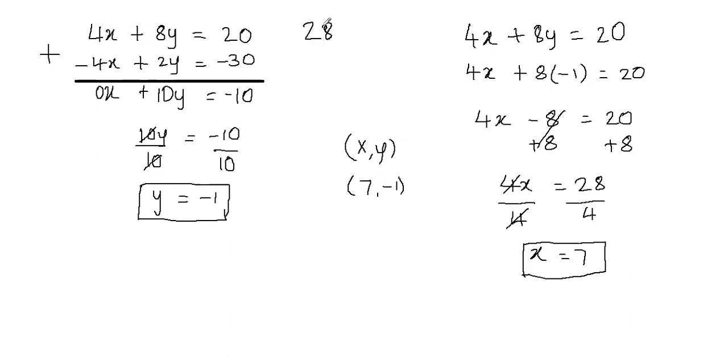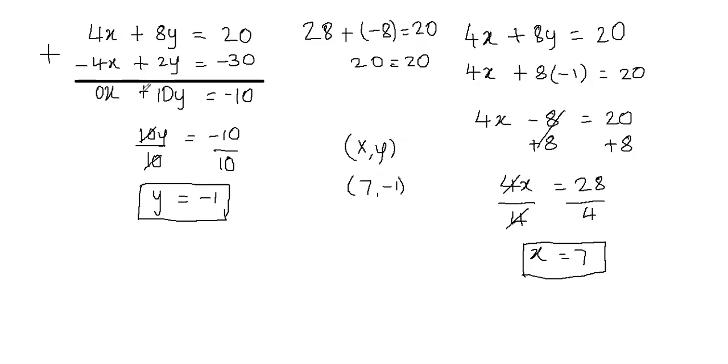So this will be 28 plus 8 times y, which is negative 1. So 8 times negative 1 is going to be negative 8. So 28 plus negative 8 is going to be 28 minus 8, and 28 minus 8 will be equal to 20. We got 20 is equal to 20, which is absolutely correct. This satisfies my first equation.